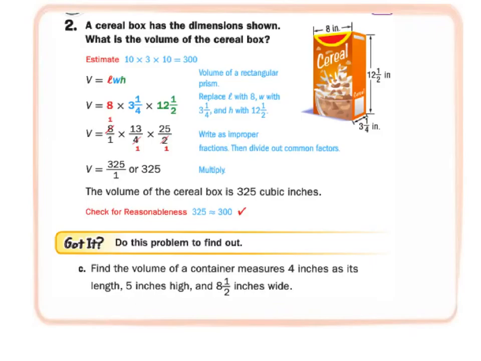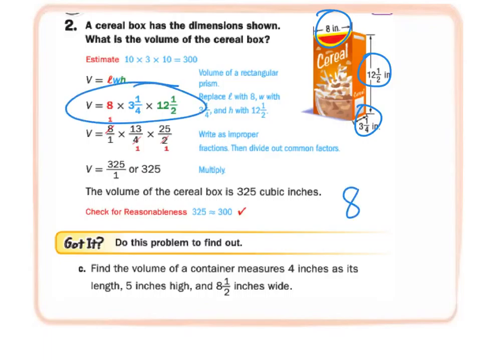Okay, so our second example has a cereal box with the dimensions shown, 8, 12 and a half, and 3 1/4. And as you can see over here, they multiplied those three numbers together because you need to do the length times the width times the height. When you multiply that together, you should get 325.